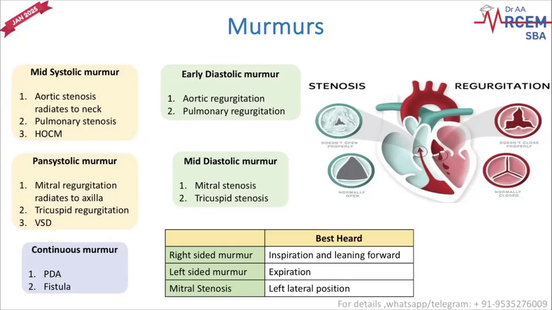Wherever the blood is flowing, the murmur will be in that duration of the cardiac cycle, whether it is a diastolic murmur or a systolic murmur. One more thing to remember: if the valve is stiffened, we call it a stiff valve.